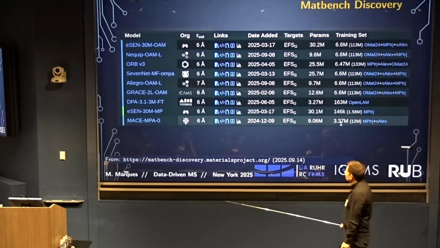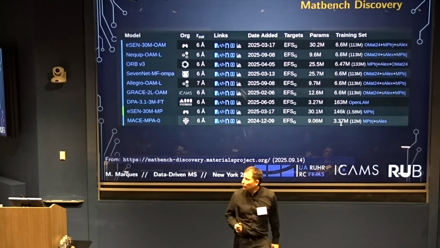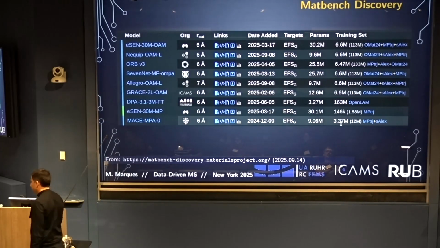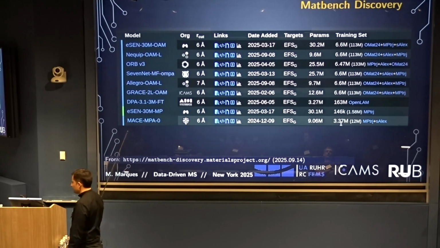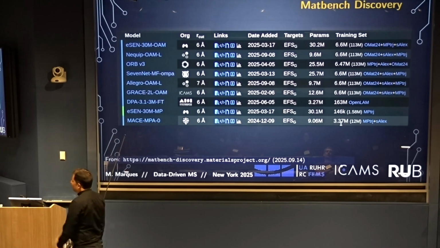Let's go here. So there is a leaderboard. If I train my data on symmetry group 1 to 100 and ask it to predict materials in symmetry group 225, it won't be good. Well, I think the other way around would be more complicated.